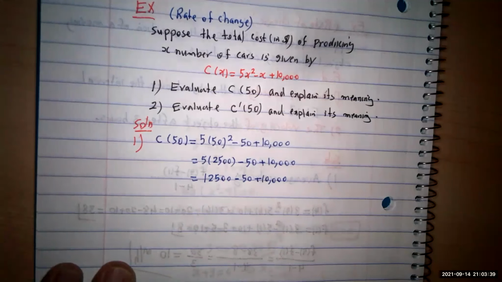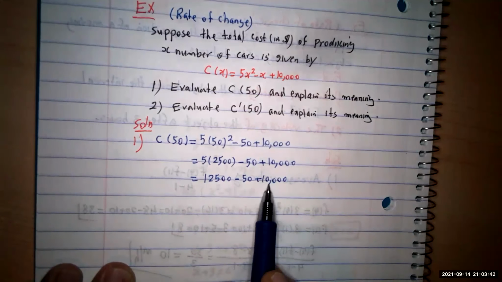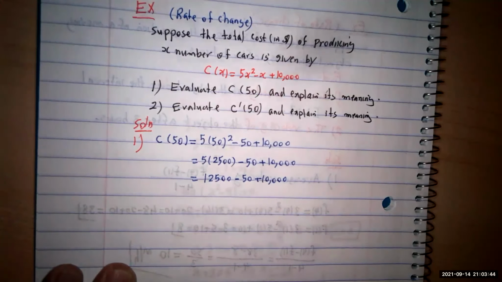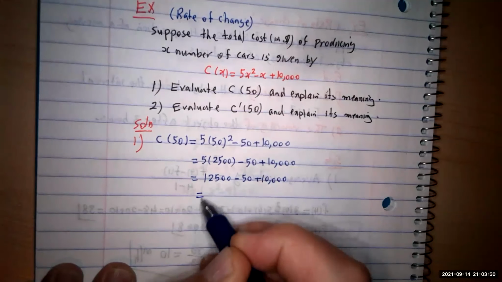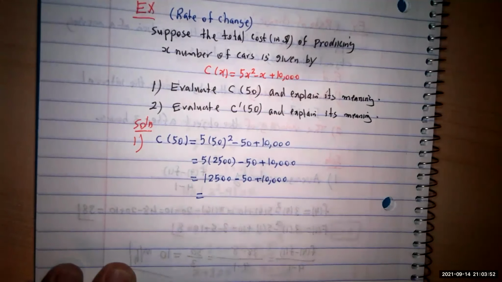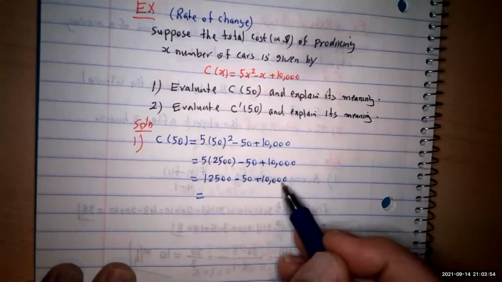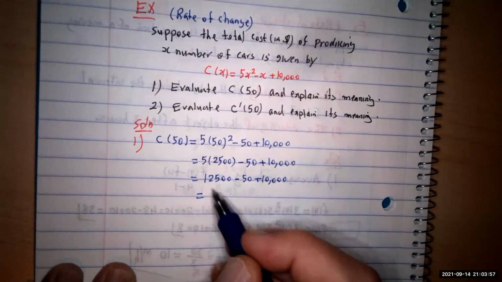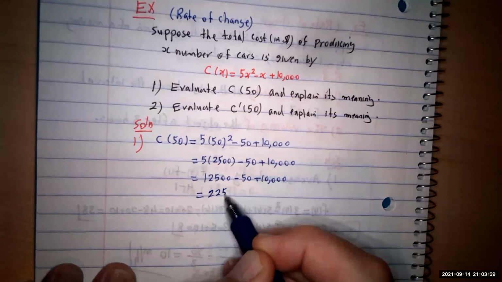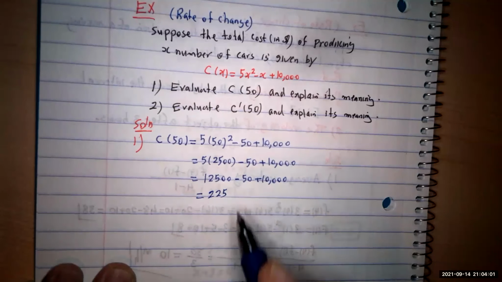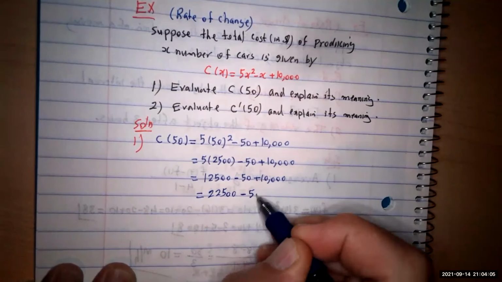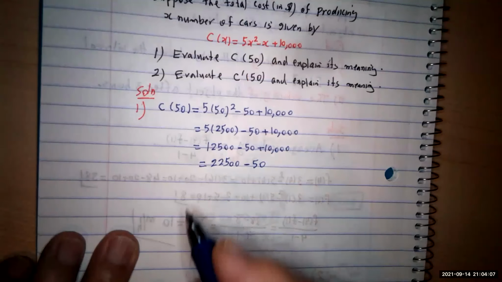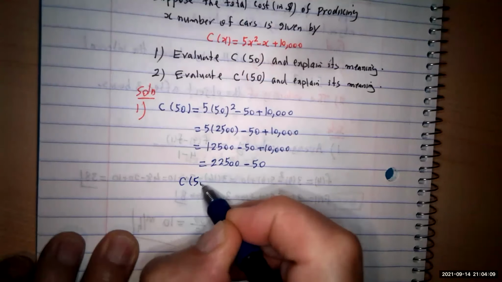Combine the like terms: 10,000 and 12,500 give 22,500, minus 50. So this is going to be C of 50.